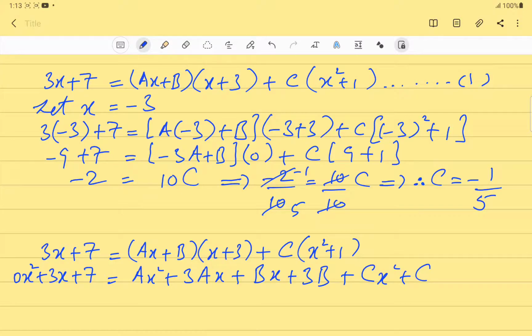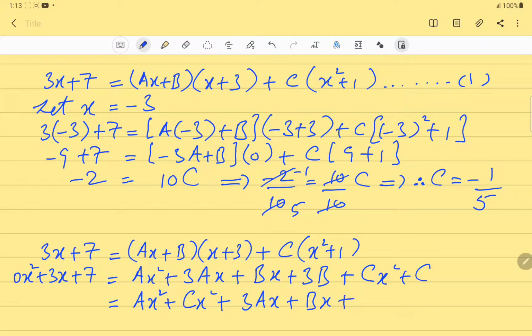Now we will combine the terms of x squared, x, and those terms which are without x. We have ax squared, and another term with x squared is cx squared. Then terms with x, which is 3ax plus bx.